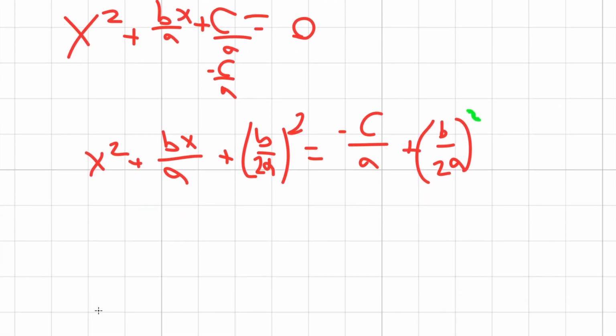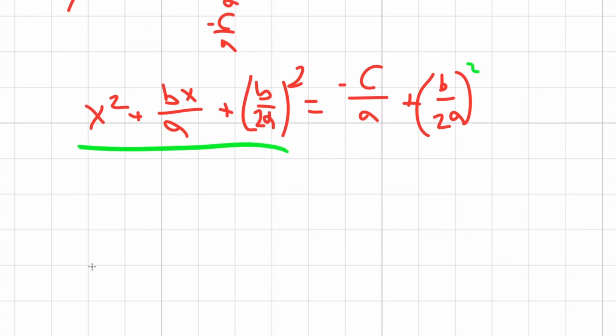Now we simplify this side. We can simplify it to x plus b over 2a, all squared, right?